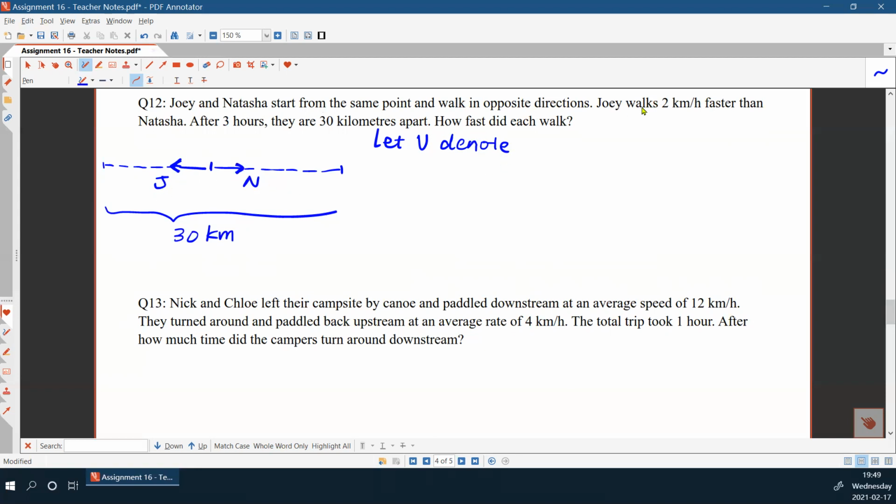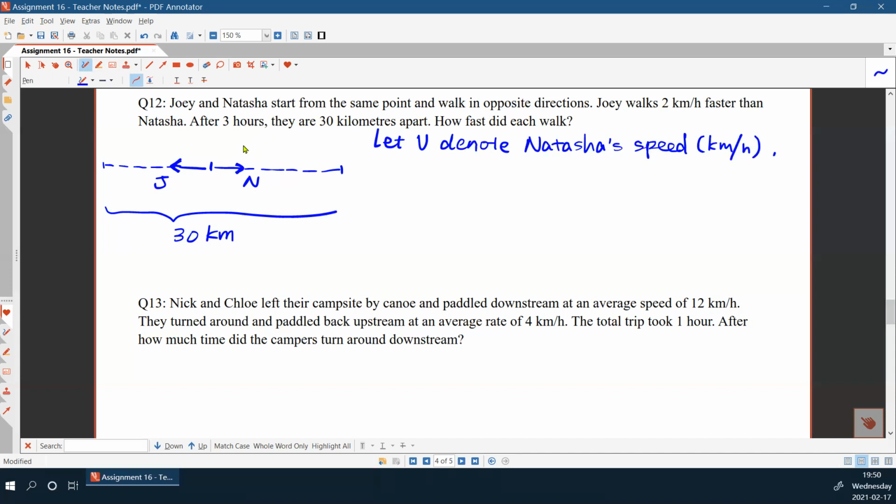So we know that Joey is faster, so let V denote the slower person. Let V denote Natasha's speed. Unit is km per hour.